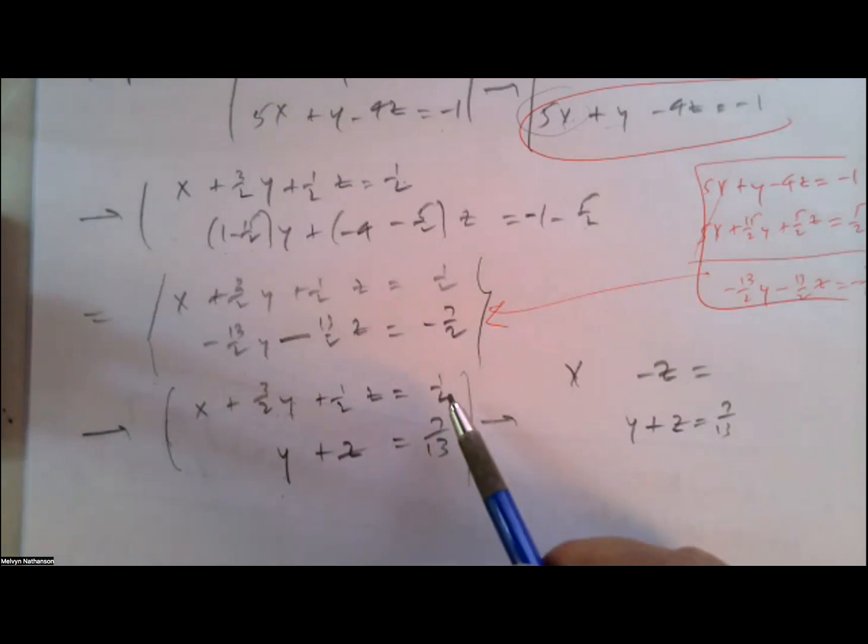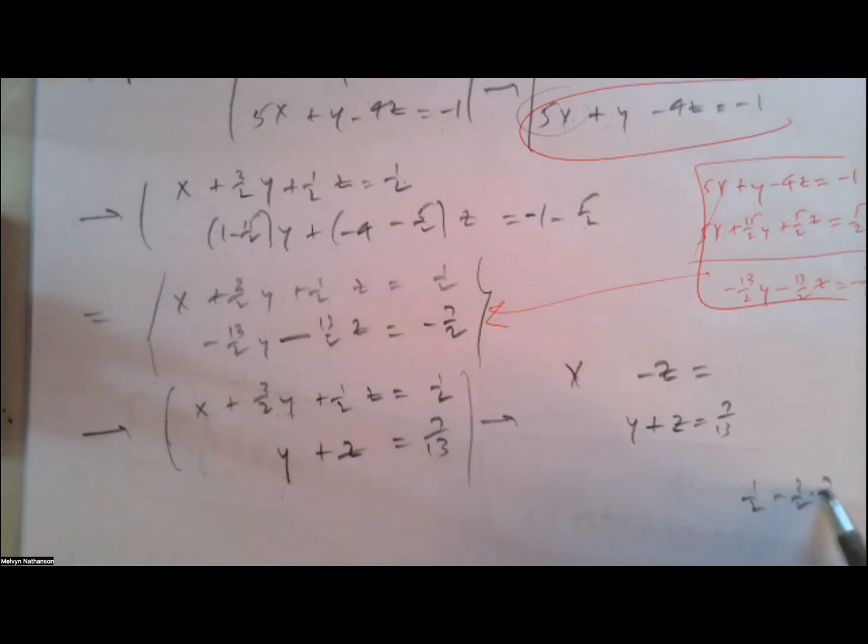And 1/2 minus 3/2 times 7/13. What is that? This is minus 21/26. This is 13/26.